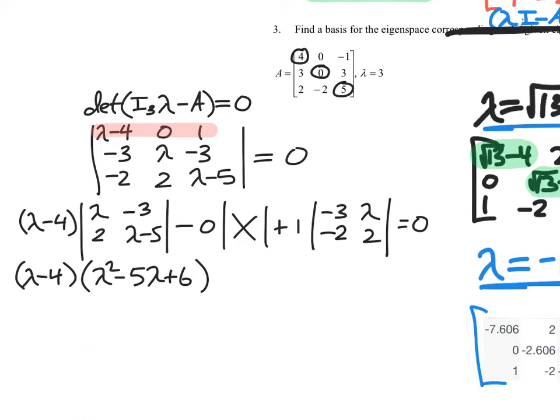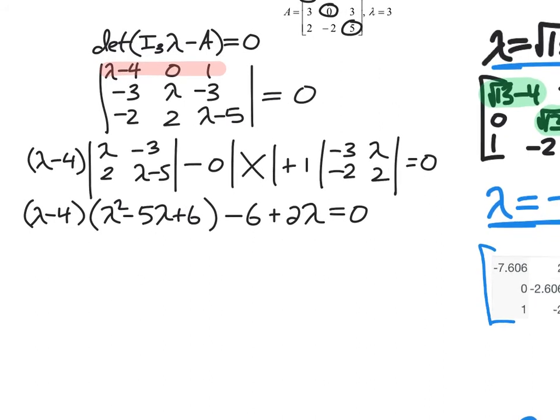Then minus 0, which is irrelevant. The next piece will be negative 6 minus negative 2 lambda, so minus 6 plus 2 lambda, equals 0.